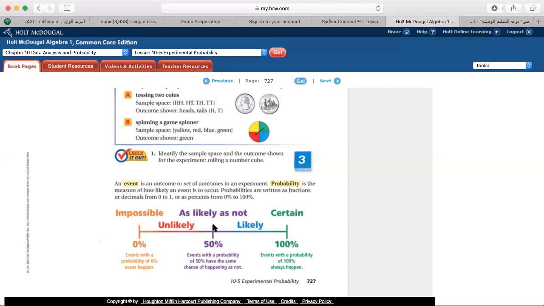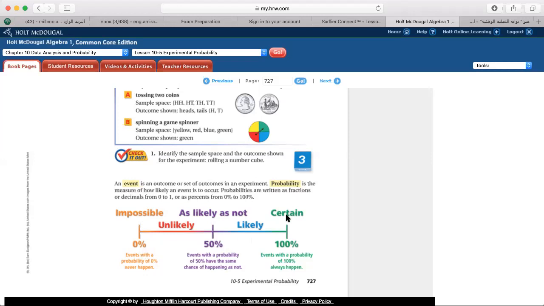So it is 0% to go to school. So events with a probability of 0% never happen. So it is called impossible, or 0%. It will never happen.